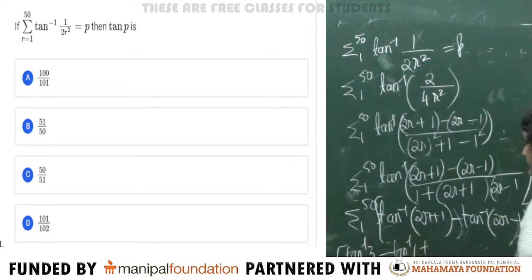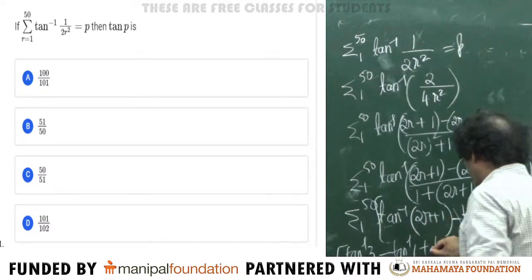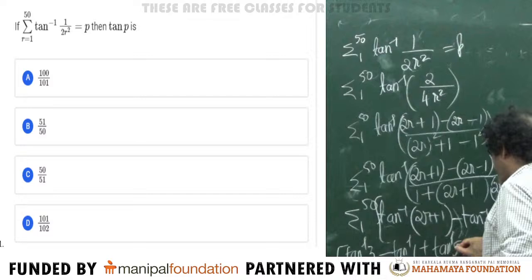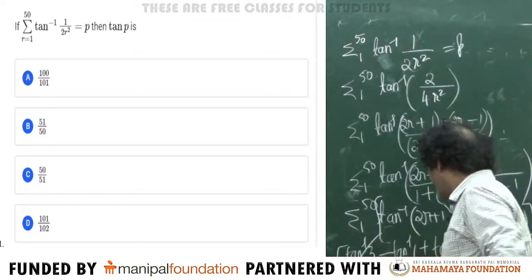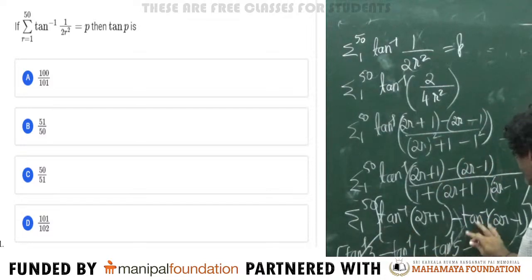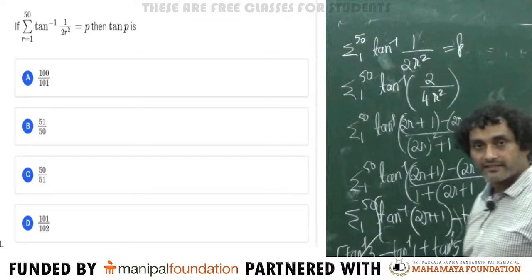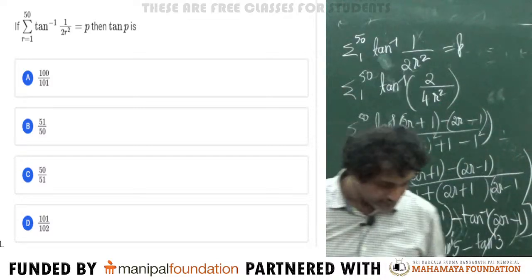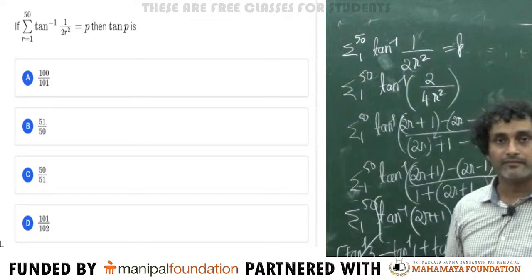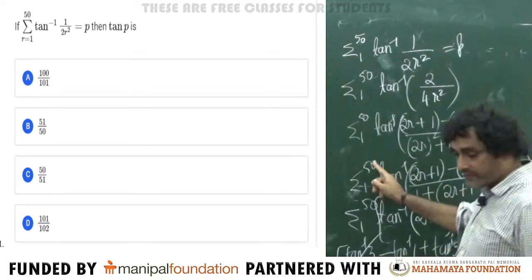Plus, put 2: 2 into 2 is 4, 4 plus 1 is 5, tan inverse 5 minus tan inverse of 4 minus 1, which is 3. Plus so on. Do you see this and this will cancel? Like that, if you go on writing, you will be only left with the last term when you put 50.